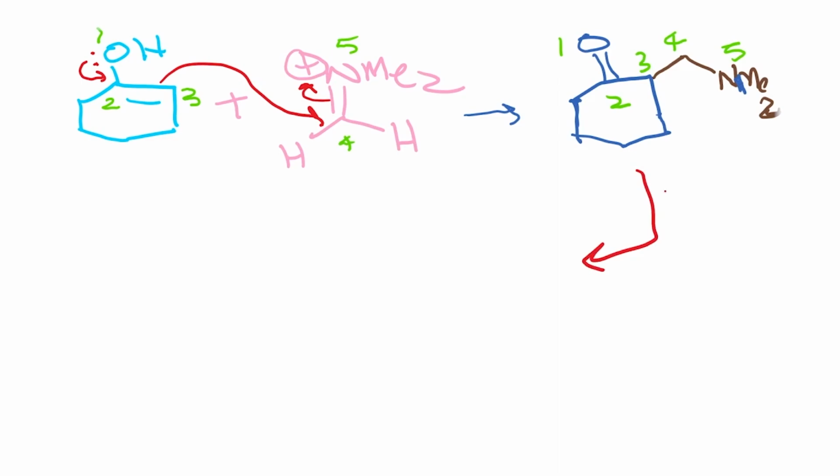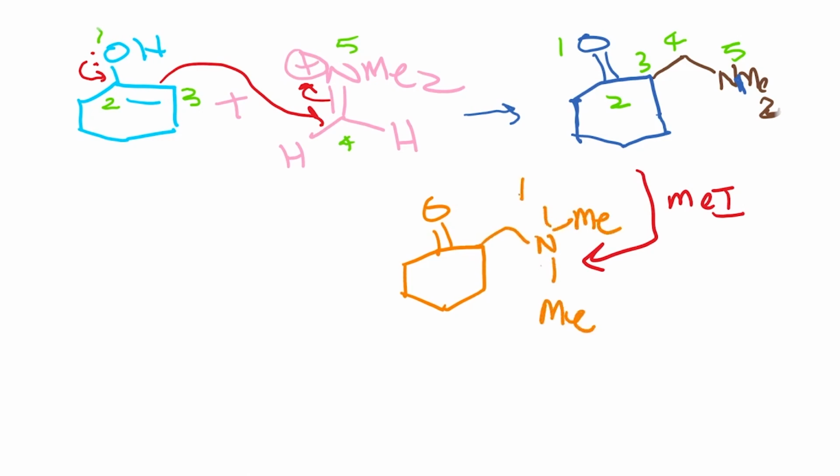Okay, now in order for us to produce the alpha beta unsaturated ketone, what we can do is a simple addition of methyl iodide in the presence of a base, and what you get is the product as shown here, which is C double bond O, N, Me, Me, Me.